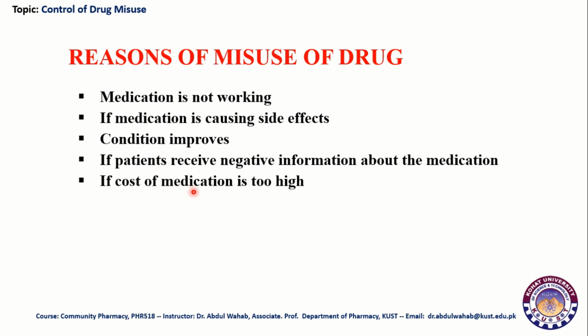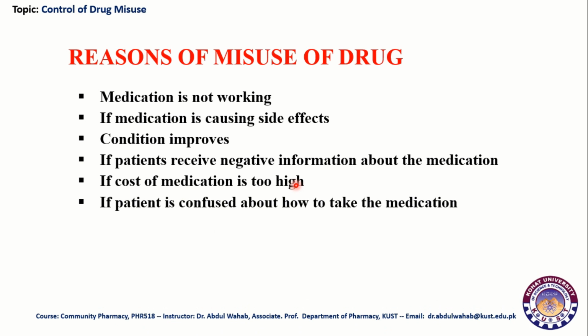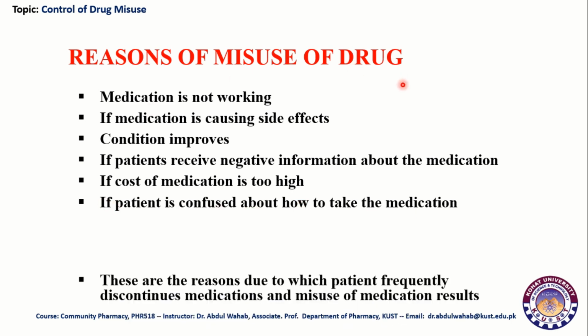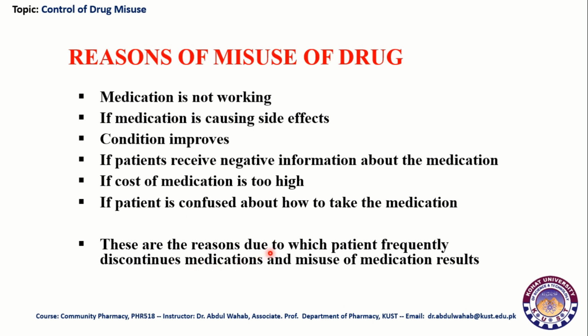If the cost of medication is too high, it is also a reason of misuse of drug. If a patient is confused about how to take the medication, it is also a reason. So these are the reasons due to which patients frequently discontinue medications and misuse of medication results.